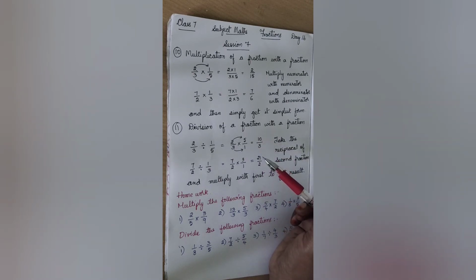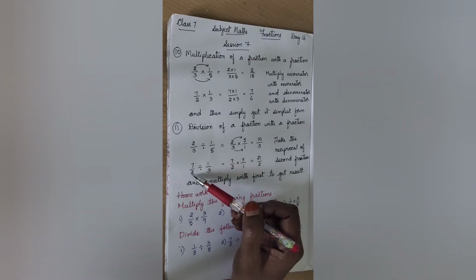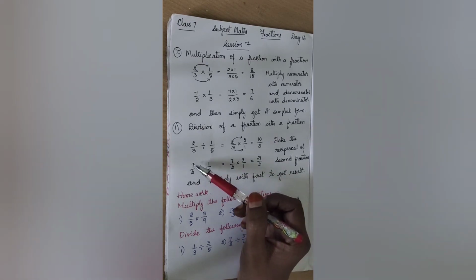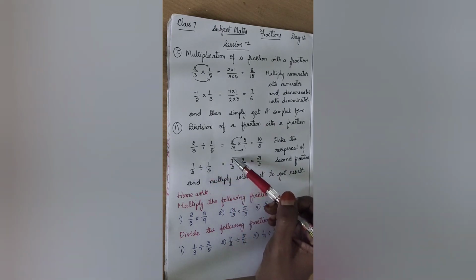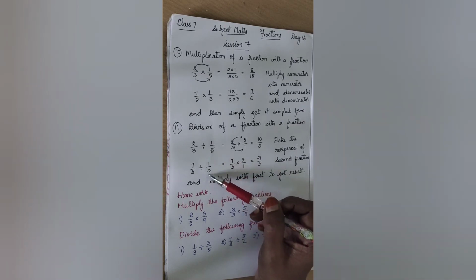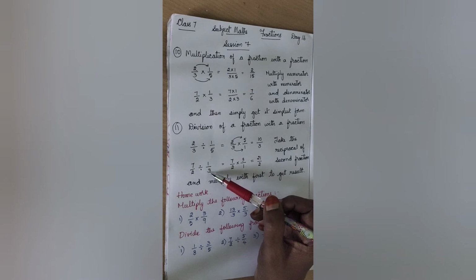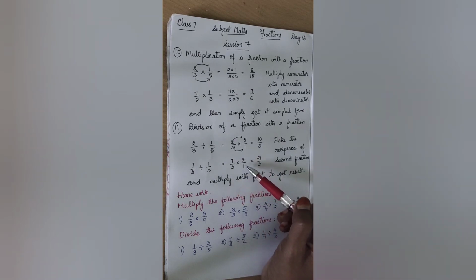Let's see another example, 7 by 2 divided by 1 by 3. The first fraction is written as it is, no change in the first fraction. The division changes to multiplication. And the second fraction converts into its reciprocal, that is, 1 by 3 becomes 3 by 1.